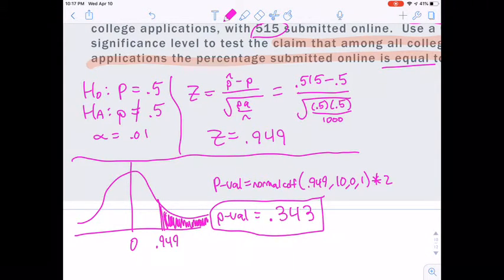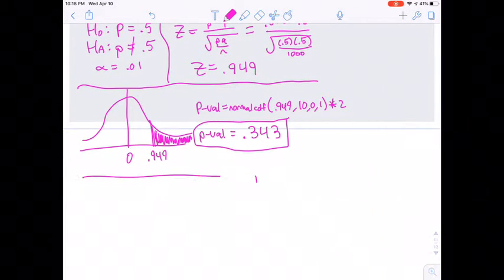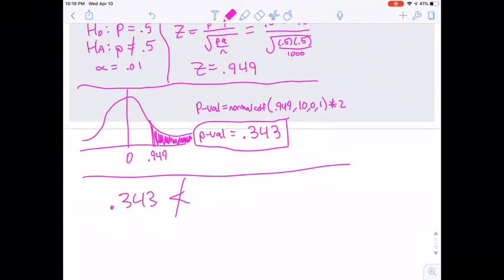So we've gone through our steps: we set our hypotheses, we found our significance level, we found our test statistic, we just found the p-value, and now we are ready to make our conclusion. Well, because 0.343 is not less than the significance level, and this is even 0.01 for this problem, whenever your p-value is not less than alpha, we're going to fail to reject the null hypothesis.